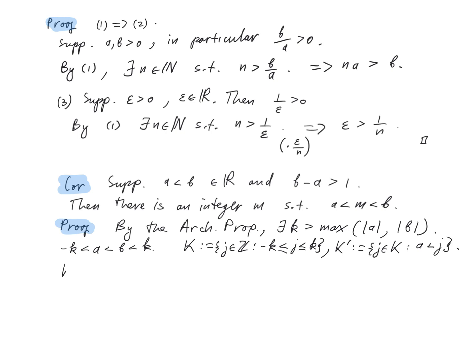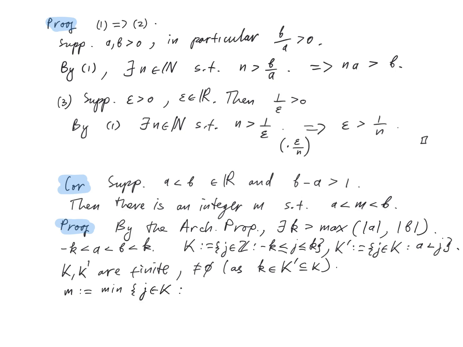Note that both of these sets are finite and non-empty. As k is an element of the set K prime, which in turn is a subset of K, we define m to be the minimum of the set of all j in K such that a is strictly less than j.